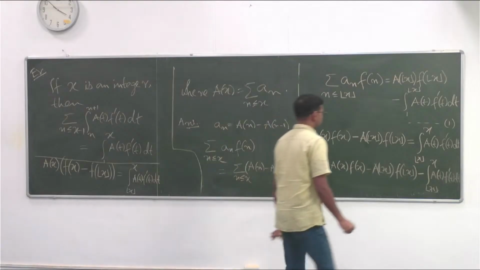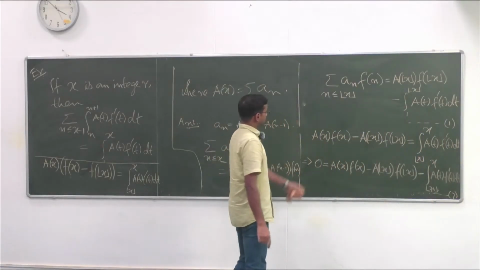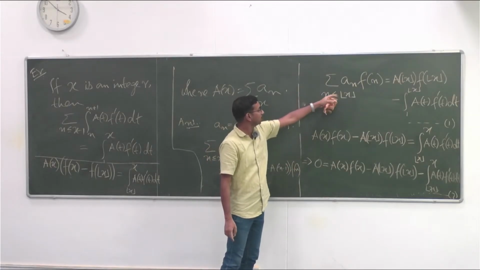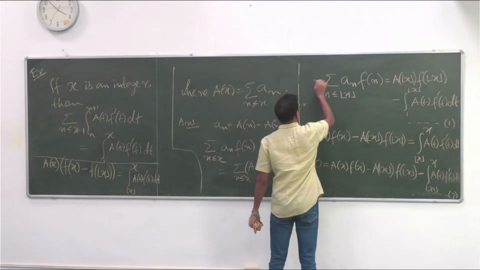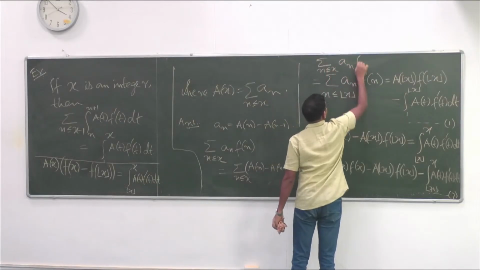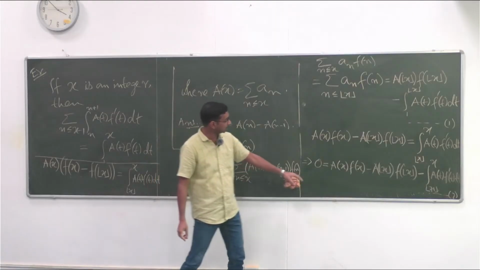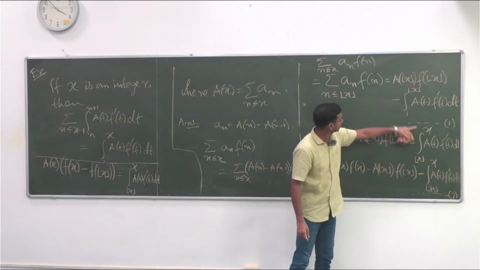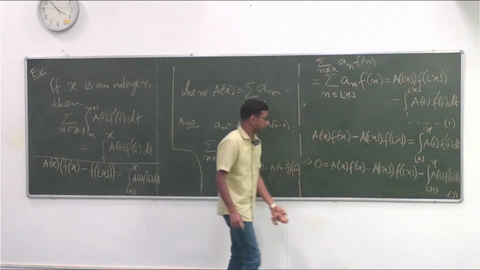Call this equation 2. It is just equal to 0. Add this with this one. The left hand side is just over n less than or equal to floor x. This was the integers, so this is the same as the summation over n less than or equal to x of a_n f(n), right? Because we are summing over the integers, and here you see that this part cancels with this one, and this one just gets added with this one to give the integral from 1 to x.